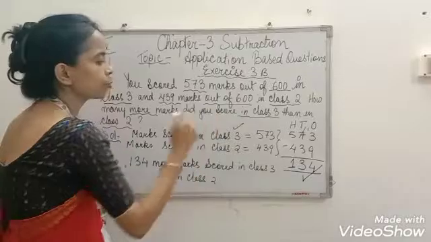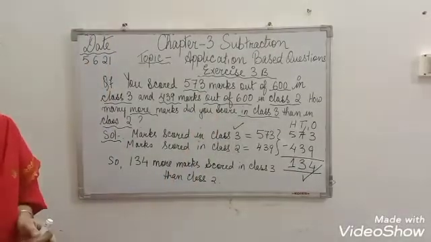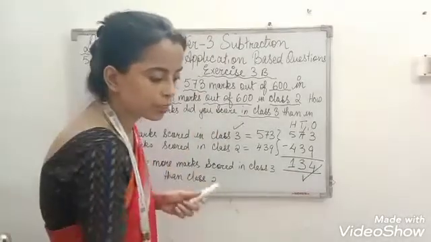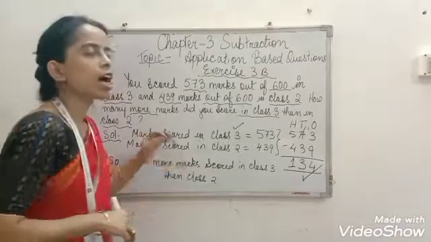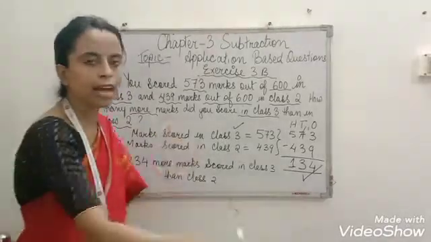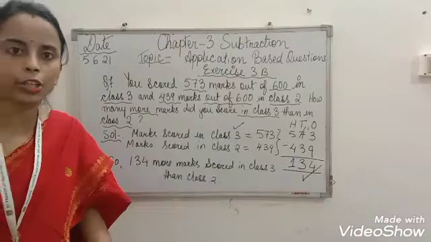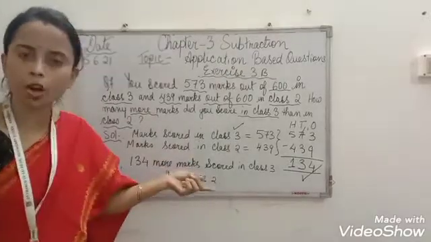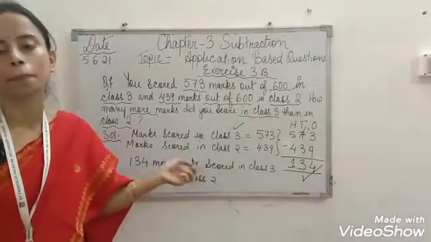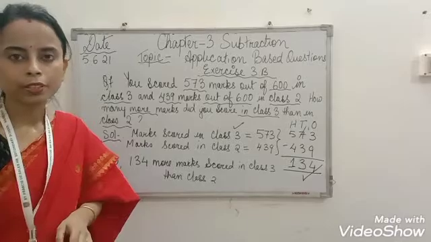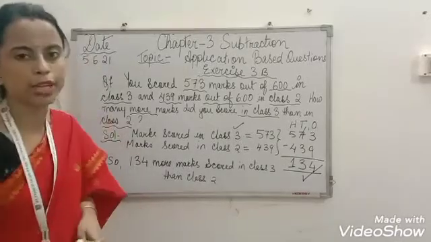So the answer we got is 134. Now the next question, number 8. I will explain it to you, and number 9 is your homework. And students, after watching the video, you note down this application based question in your maths copy. Clear? Now I'll start number 8.